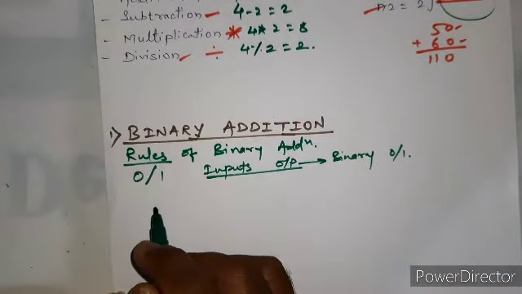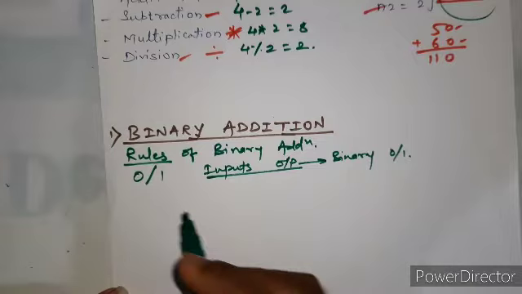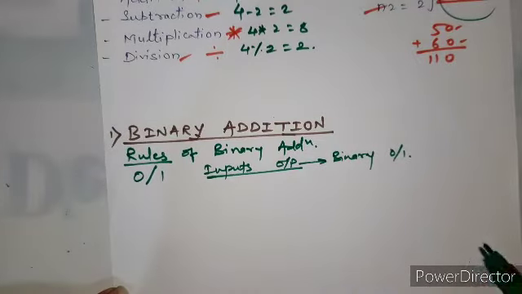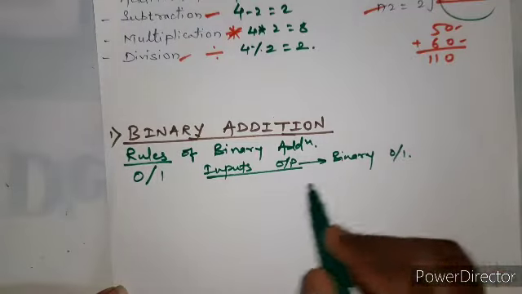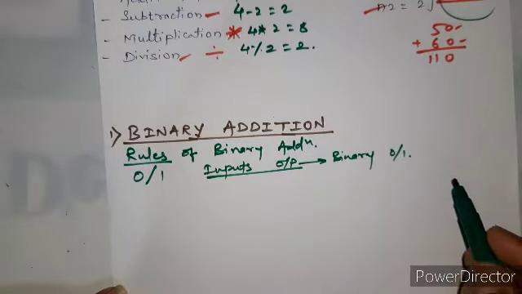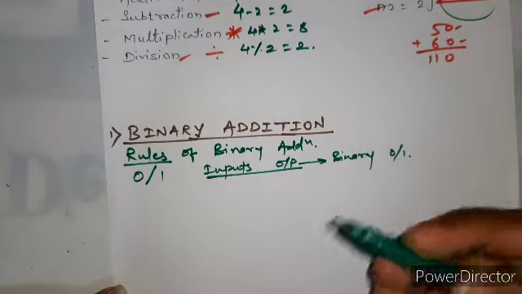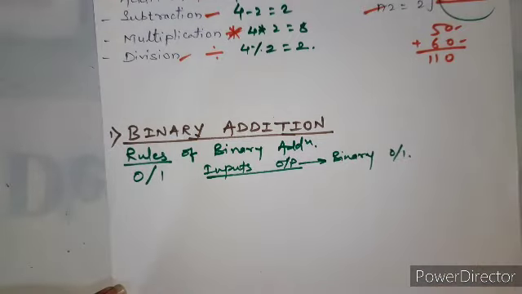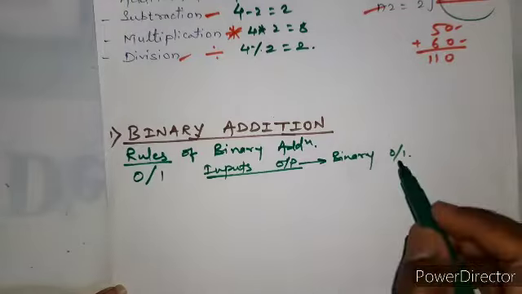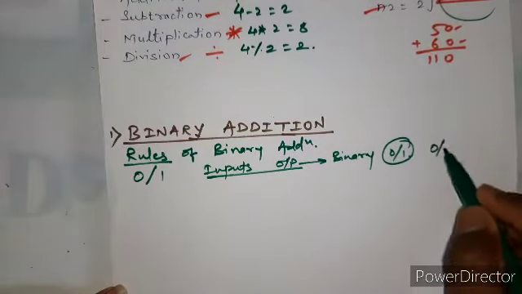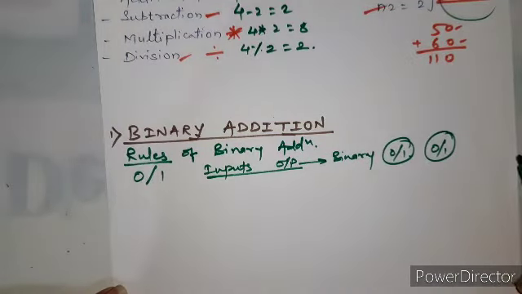At the end of the semester or at the end of this subject, as I said, everything is in the form of binary. Everything is 0 1 0 1 1 0 0 1. You may take any big circuit or any small circuit, the input is in terms of 0 1 and the output is in terms of 0 1.